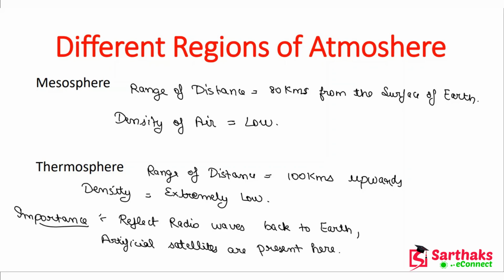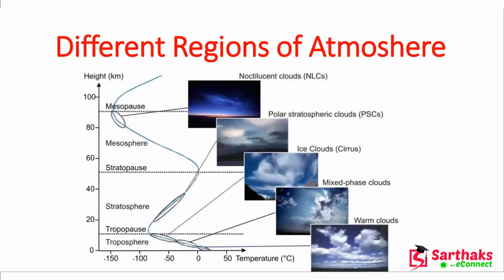Now the next topic we are going to look at is with a diagram. We are going to understand the different regions of atmosphere. At very low, from 0 to 20, there is troposphere or tropopause, and from 40 to 60 there is stratosphere or stratopause, and above that there is mesosphere.